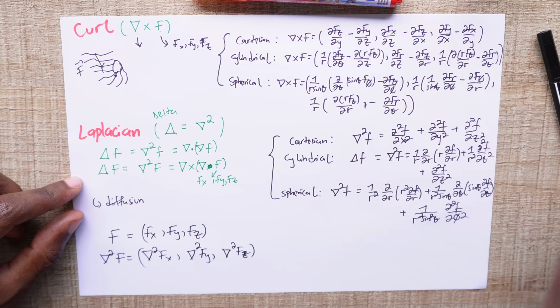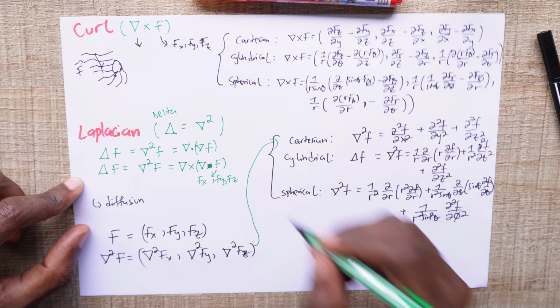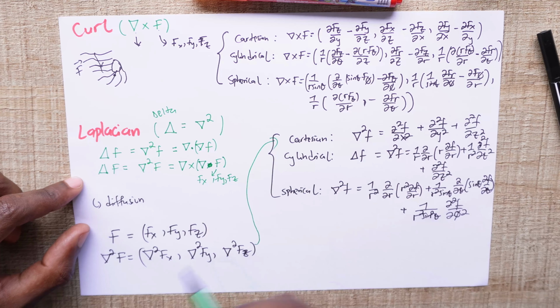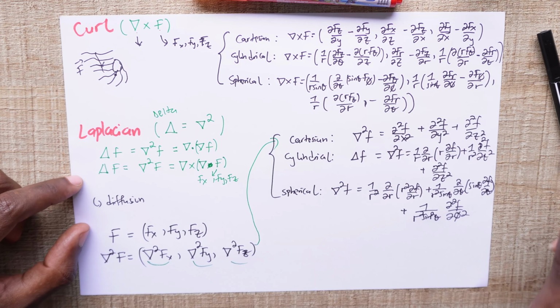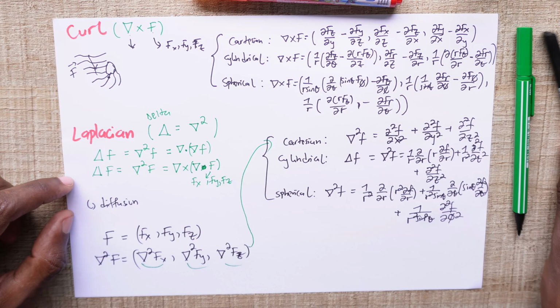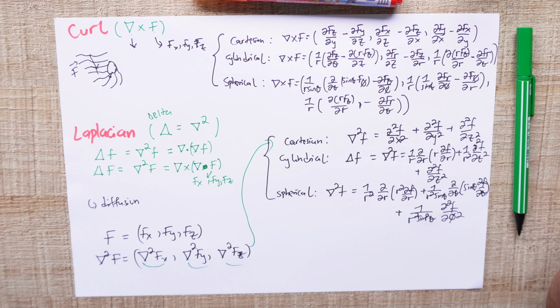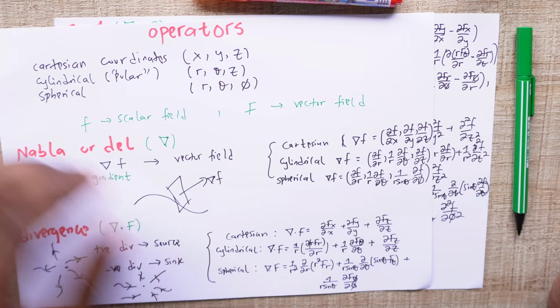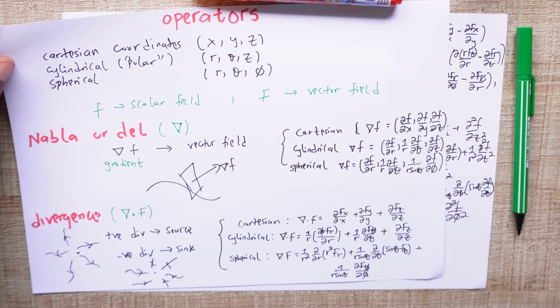So essentially you would be applying this, so you're going to have this for each of these. Okay. So here are really the main operators that are used in mathematics.